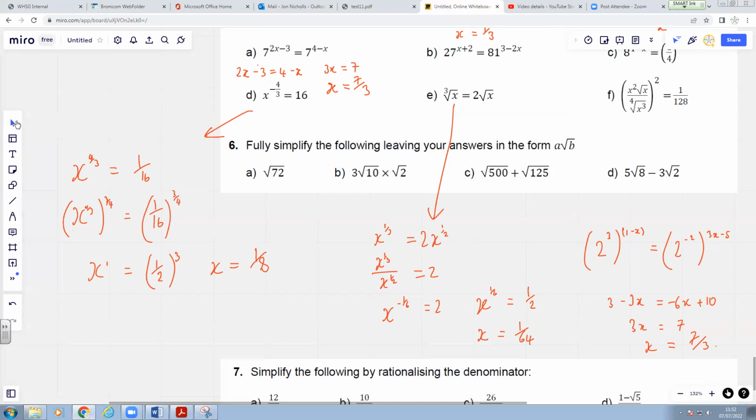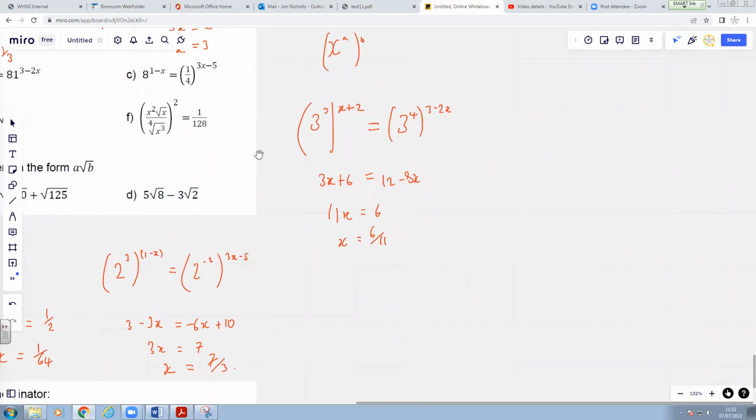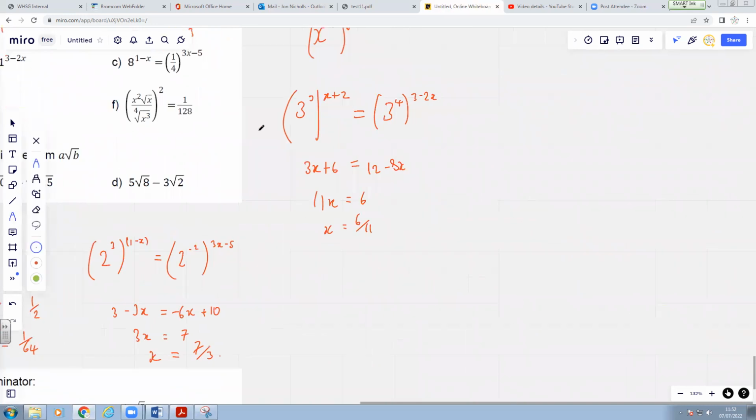Okay, this is definitely looking like a tough one, F. So let's see what we got. This looks like it might take a little while. Square everything, you're going to get x to the 4 times by x over, I suppose we're going to square root the other side, but I don't fancy it.